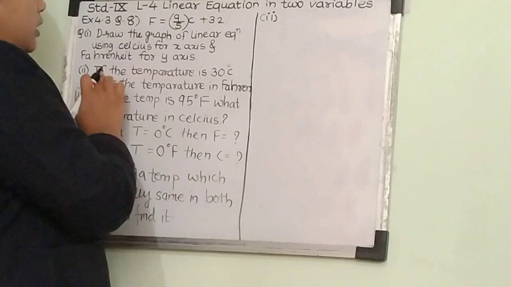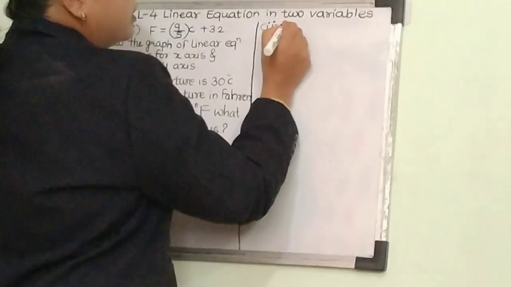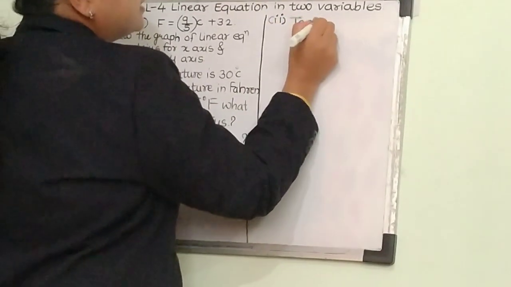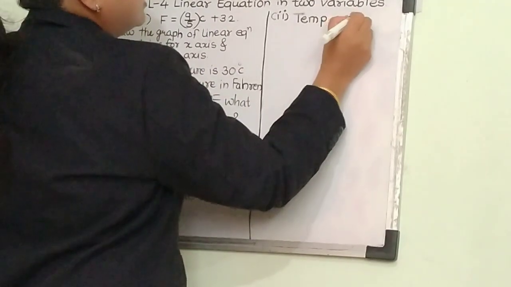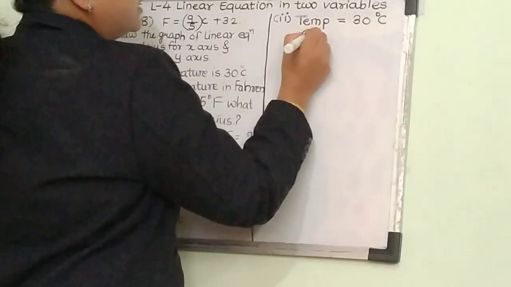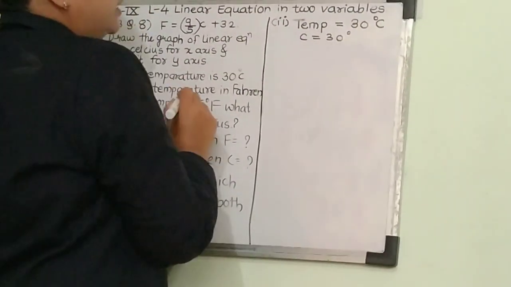Now the second question: if the temperature is 30 degrees. So here we have been given the temperature in Celsius, that is 30 degrees Celsius. So we can say that the value of C is equal to 30 degrees.